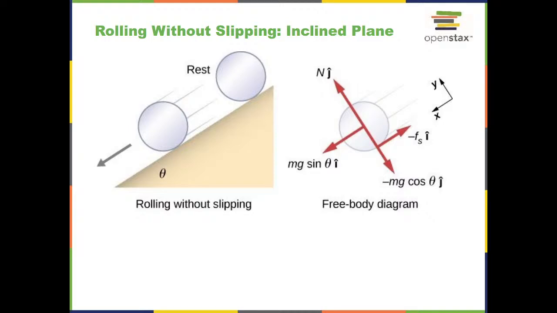We're going to determine the acceleration of the center of mass. What we want to calculate is the acceleration with which the object is rolling down the inclined plane, so the translational acceleration. Of course, we're also going to need to calculate the rotational acceleration.